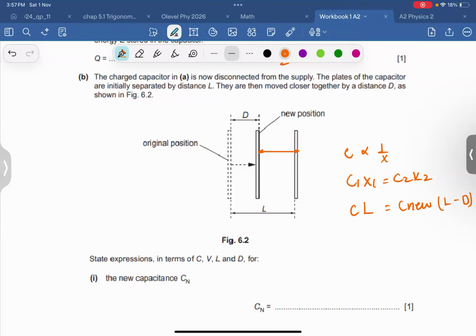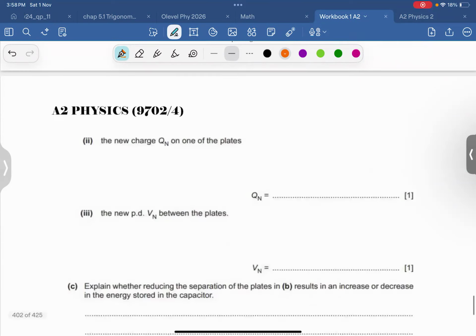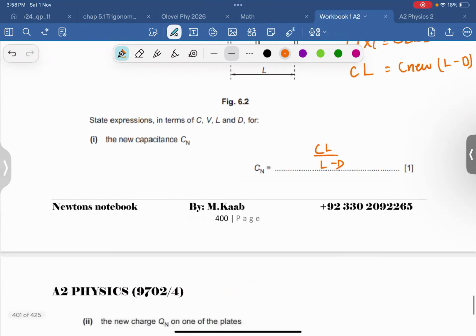So C new is going to be CL divided by L minus D. Now they're saying the new charge on one plate of the capacitor. So that is the new capacitance.